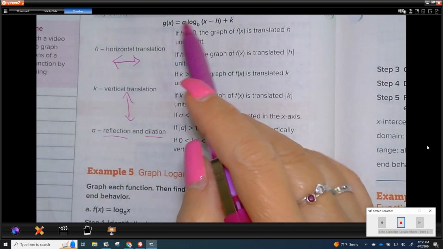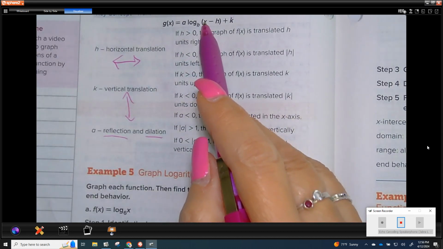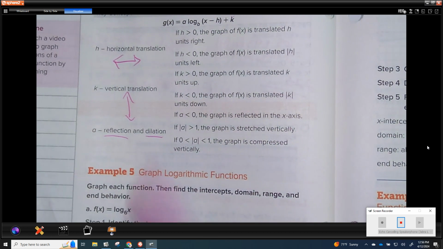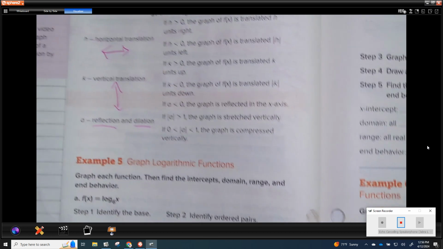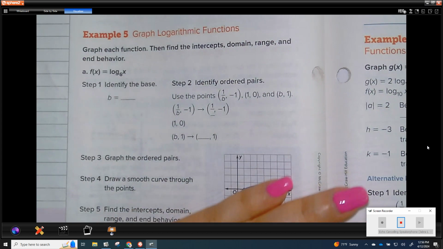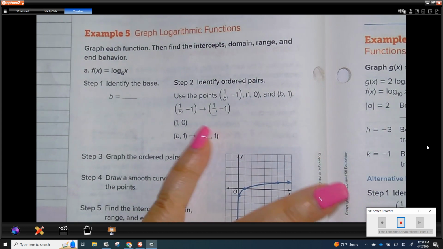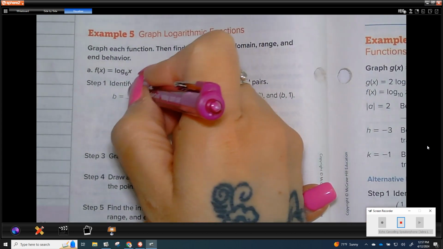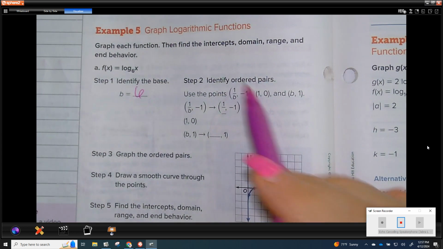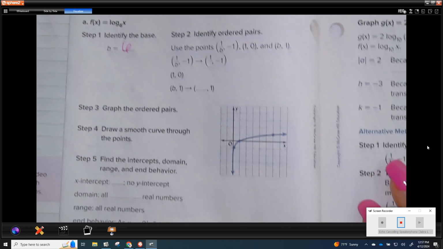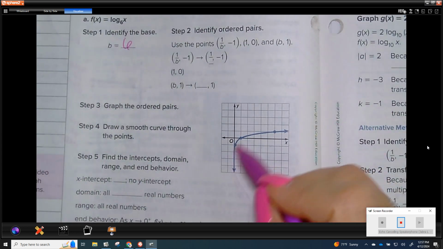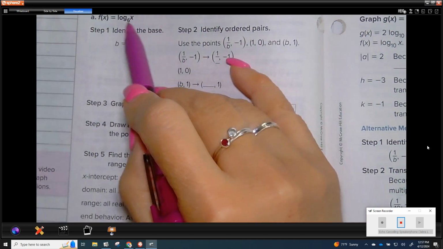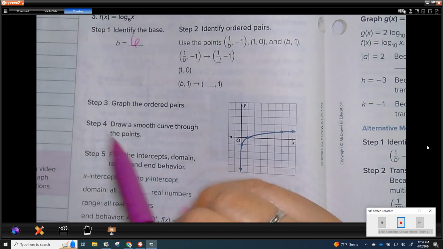So if we had another number in front of that h, that would be a horizontal stretch and reflect. You could graph them in the calculator. Our base here is 6, so this is going to be opposite of decay. It goes like this. Since there's no h, no k, a is 1.